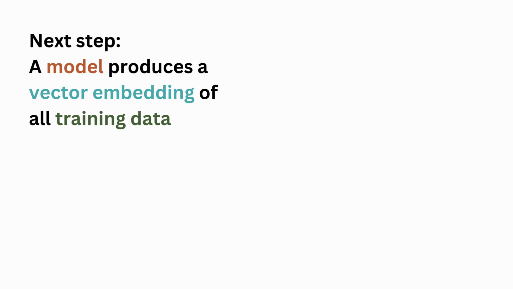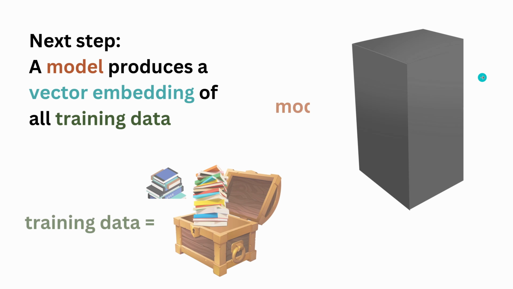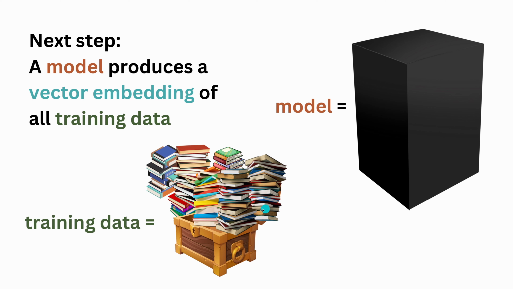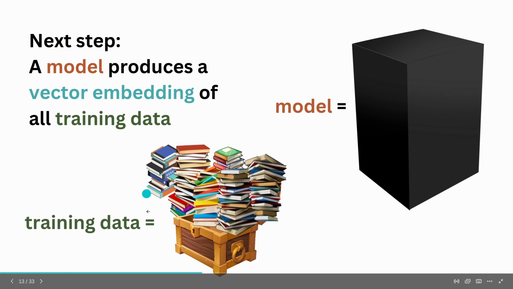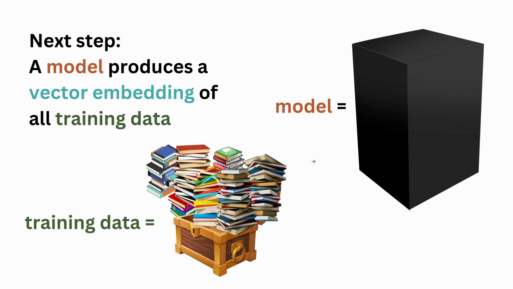And this model produces a vector embedding. And this is what you bought, of all the training data. So just to be absolutely clear, the training data is all the knowledge the company put in this treasure chest and locked up for us.